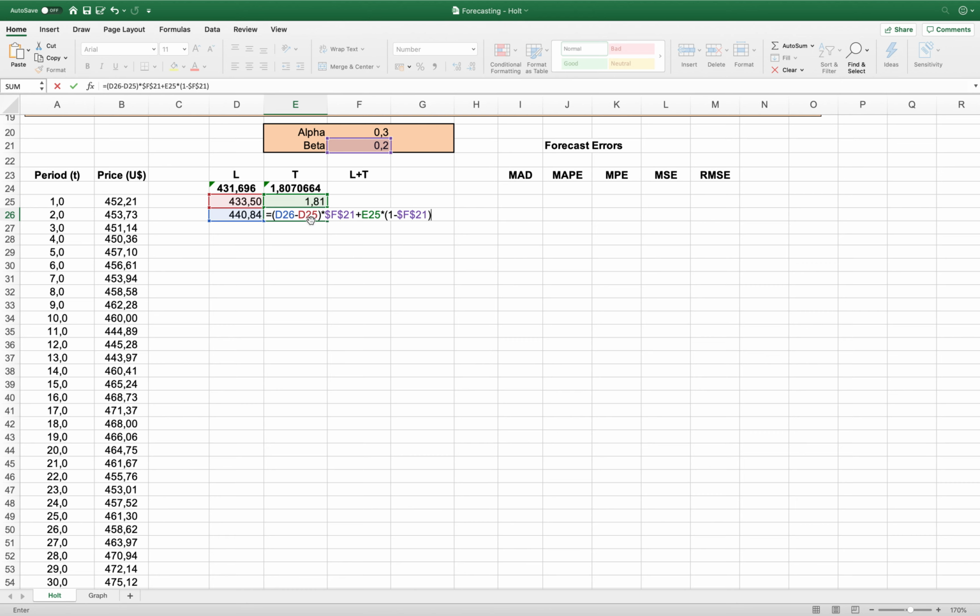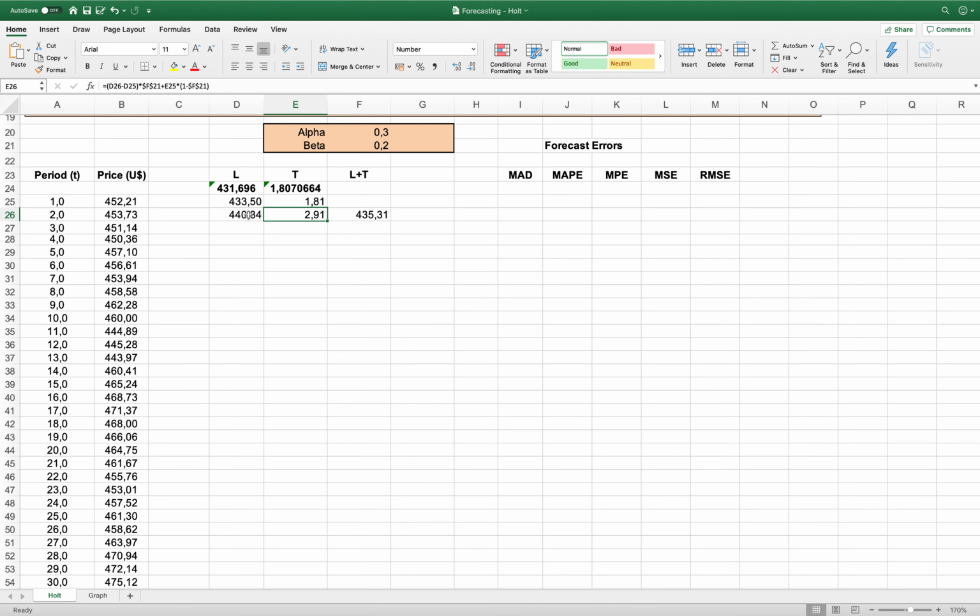We have the actual trend multiplied by the smoothing parameter, beta, and the previous trend multiplied by 1 minus the beta. See, we increased our trend. Our initial trend was 1.1, but the observed trend is almost 7 units here. It's much higher. So we increase the trend, and that will give our forecast for period 3.